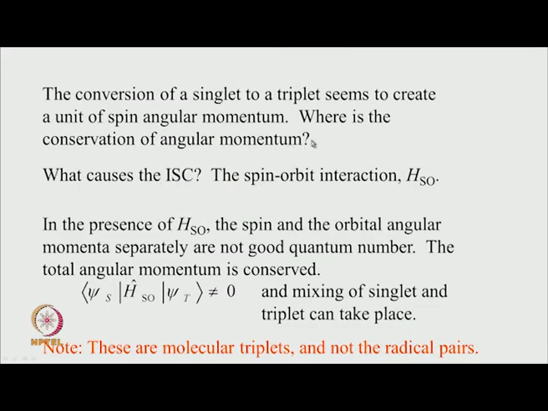So, to understand that, let us figure out what is causing the intersystem crossing process. The perturbation is the spin orbit interaction, which I call HSO. In the presence of spin orbit interaction, the spin and orbital angular momenta separately are not good quantum numbers. The total angular momentum is conserved.